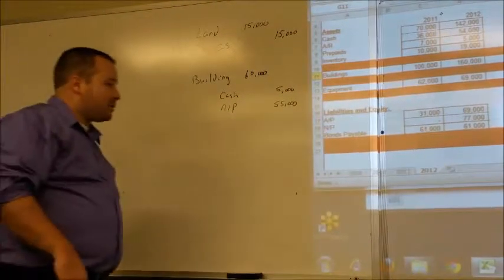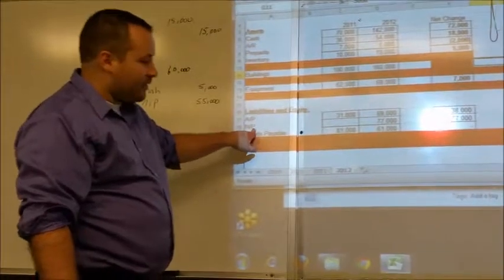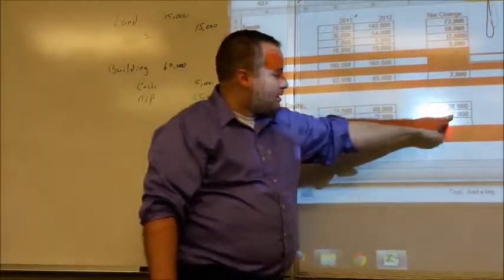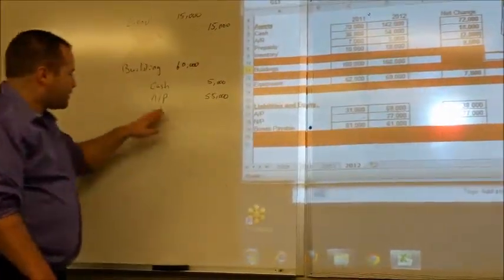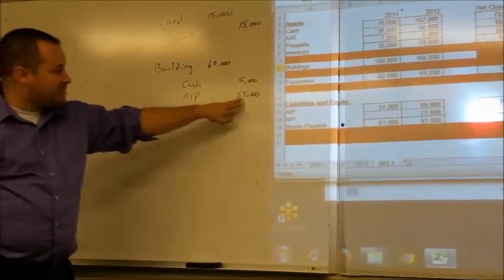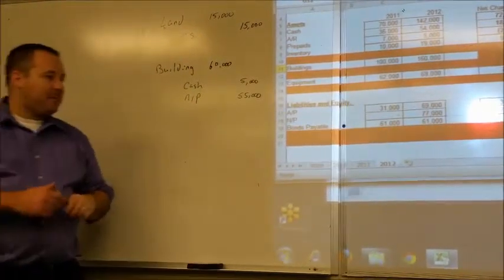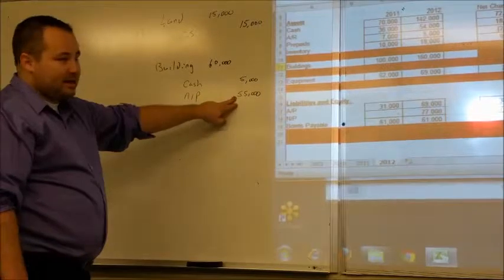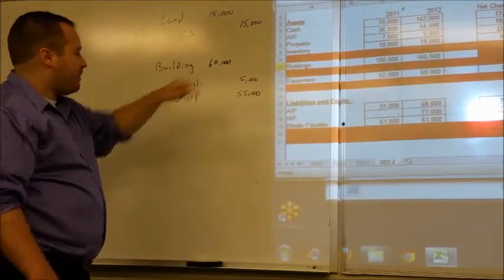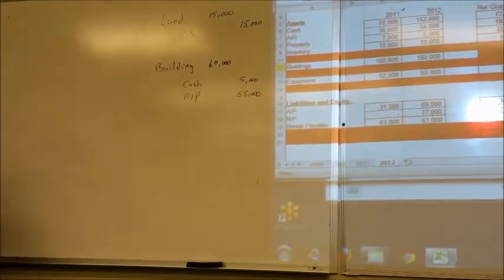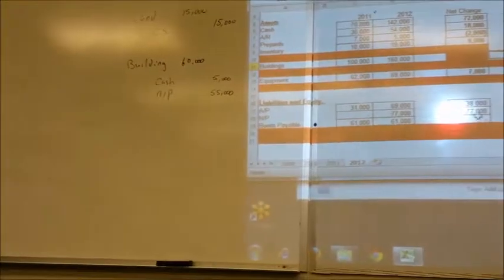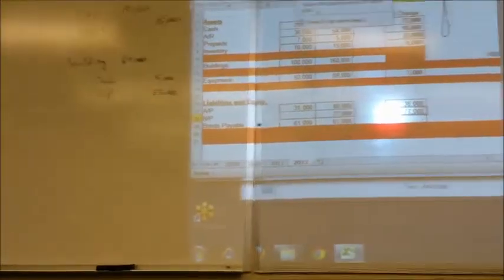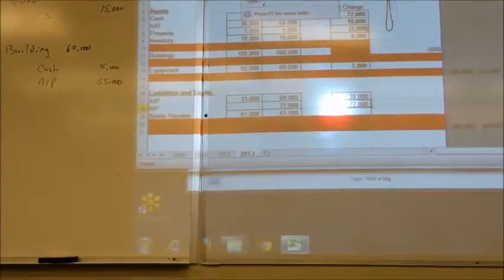But also what I need to explain is this guy, the note payable. Of the $77,000, I just explained where 55 of it came from. And it didn't come from cash, it came from the purchase of a building. So over here, I don't want to use $77,000 and act like I got money for it all.